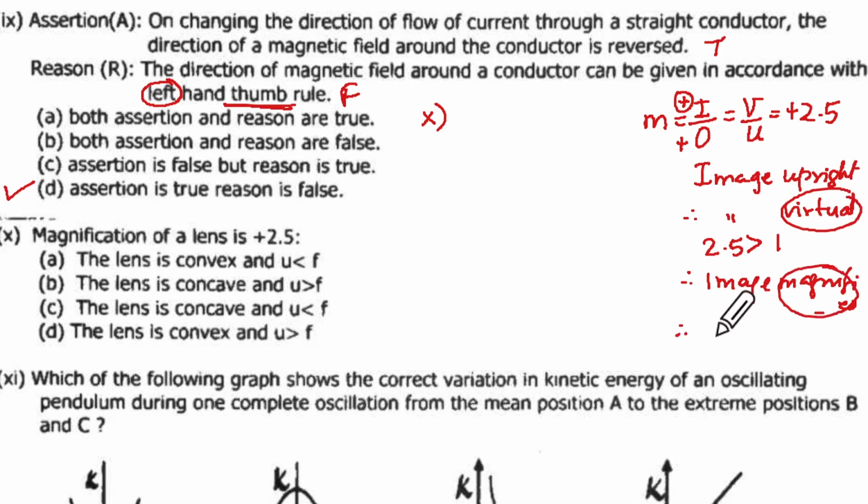So will it be concave lens or convex lens? Where will I get virtual magnified image? In a magnifying glass? Will I get it in a magnifying glass?